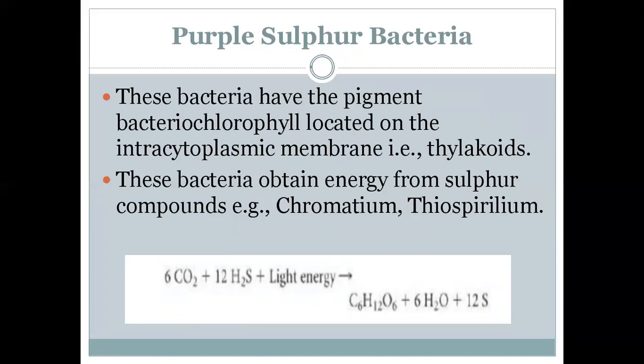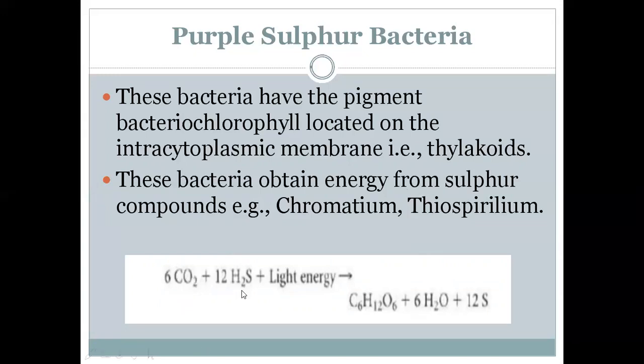Here in bacteria also, this thylakoid or intracytoplasmic membrane system is present, where bacteriochlorophylls are located. These bacteria obtain energy from sulfur compounds, for example Chromatium and Thiospirillum.